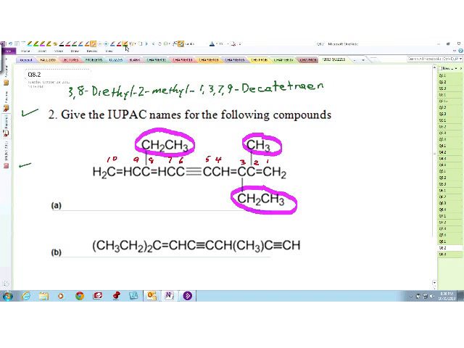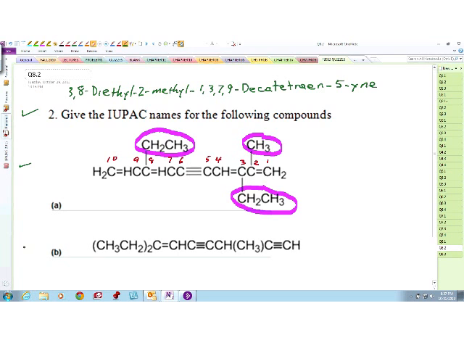Then we have a hyphen. Now we want to indicate the position of the triple bond, and that is 5. How many do we have? Only 1. So the name of this is 3,8-diethyl-2-methyl-1,3,7,9-decatetraen-5-yne. Everybody agree with that?